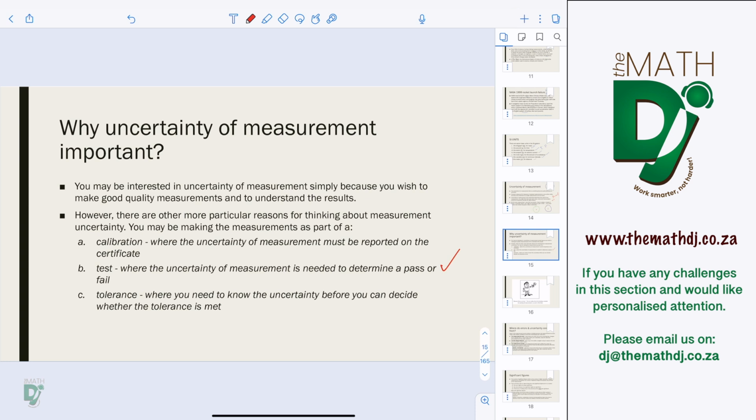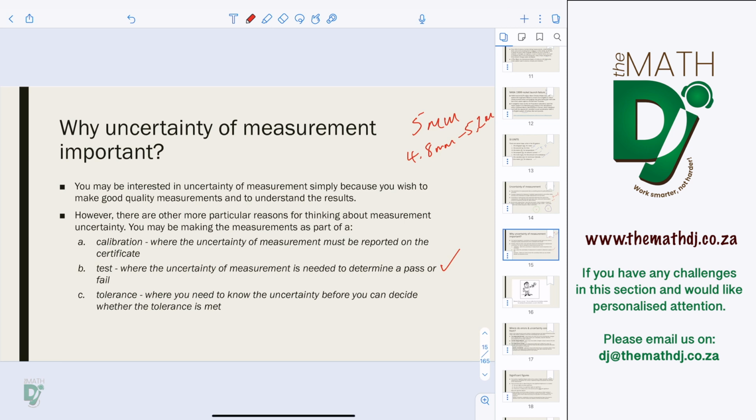Tolerance is where you need to know the uncertainty before you can decide whether the tolerance is met. So tolerance is also applicable to the previous point. Let's say you need a 5mm bolt. But with tolerance, maybe you can say a tolerance of 2mm, which means from 4 millimeters to 5.2 millimeters.